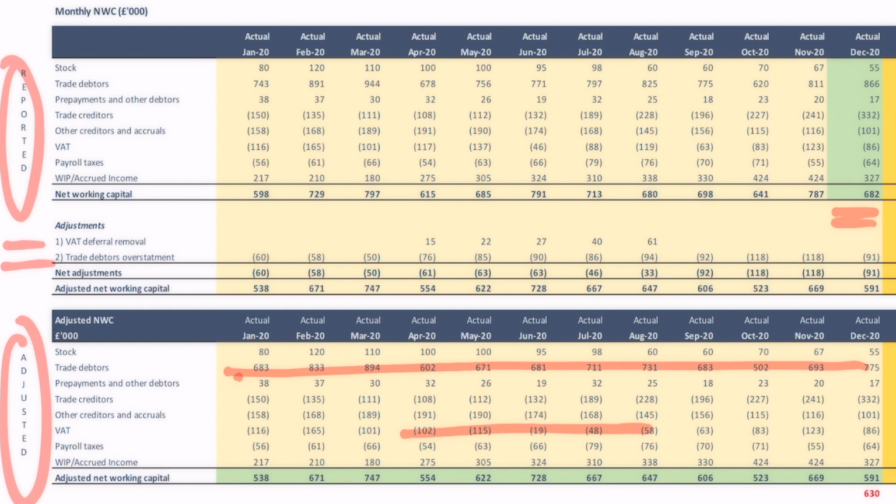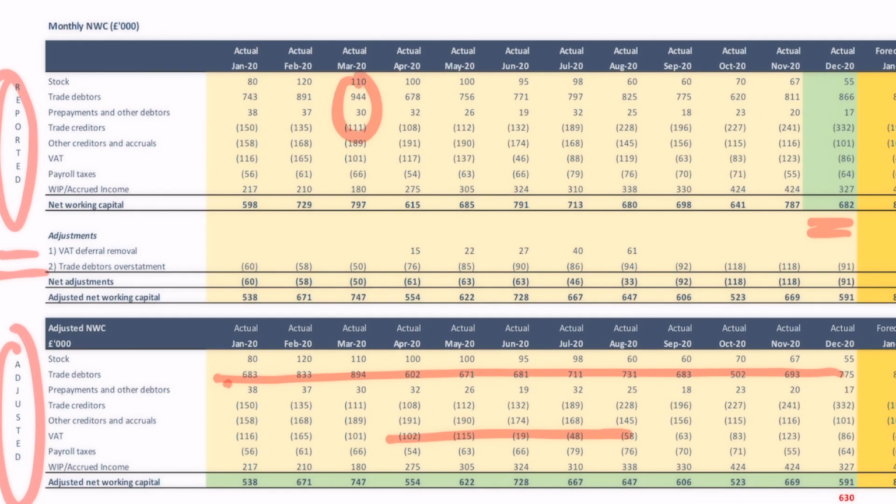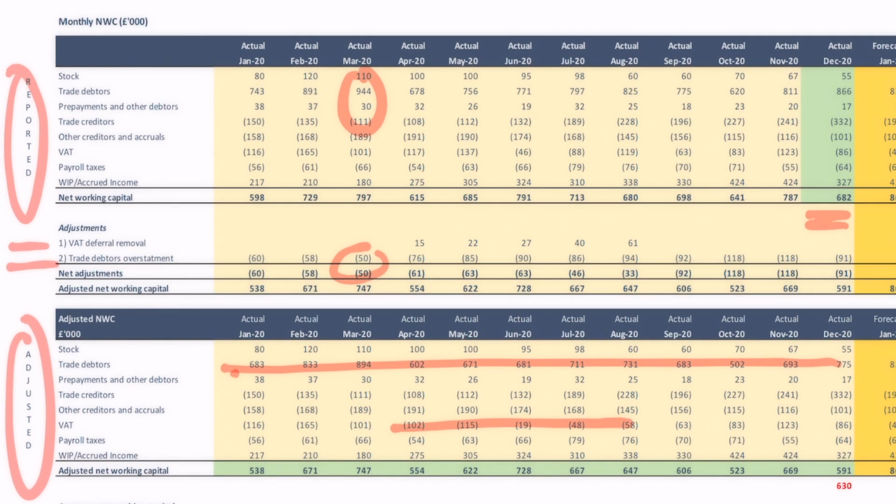We then add these through, an example being trade debtors of 944 as at March 20, a reduction of 50 reflecting possible unrecoverable debts, leading to a position of 894 on an adjusted basis. And then when we total that all up, we reach this green line across the bottom, which on an average basis across that 12-month period works out to be 630.